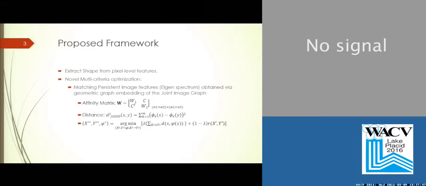So we do not have to compute the distance using the feature space, whereas we can compute the distance using the eigenspace. Our optimization is explained in the last equation, where the first term is the distance in eigenspectrum space, followed by a regularization term for which we use mean pixel intensity or HOG features, just to make sure that the optimization is much more robust.